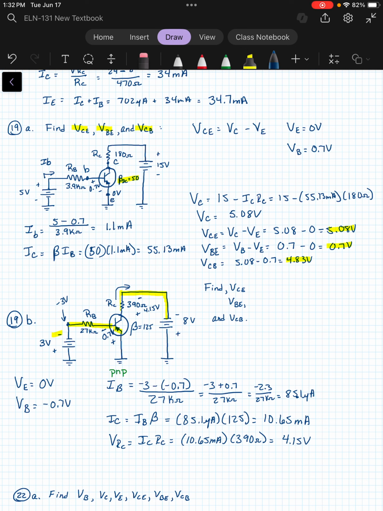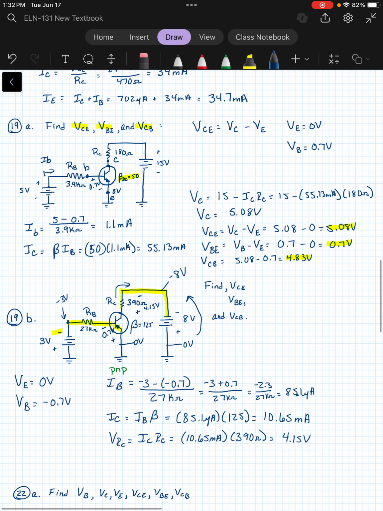When we go back up this way, we are dropping 8 volts. So at this point, we would have a -8 volts. And then this drop of the 4.15 in that upward direction means we're actually adding it as it goes back down. So what that would leave for VCE is the -8 plus the 4.15 volts. So 3.85.